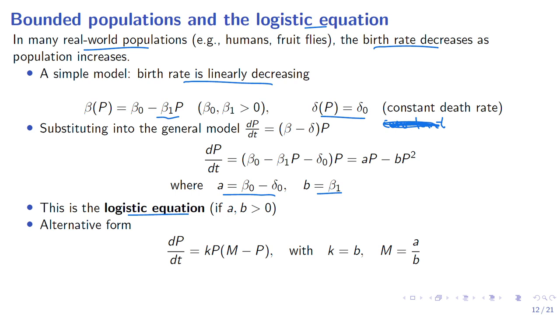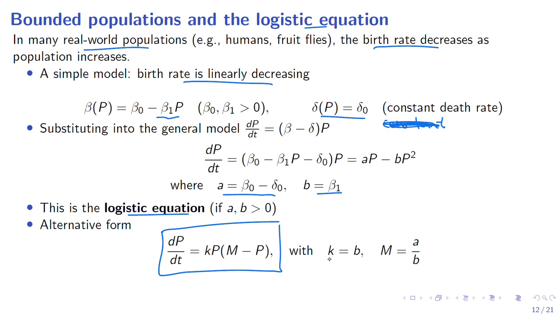And here are some alternative forms. This is a form that I'm going to stick to most of the time. You will see why. If I take M as a divided by b and k as b, we can write dP/dt as k times P times (M minus P).